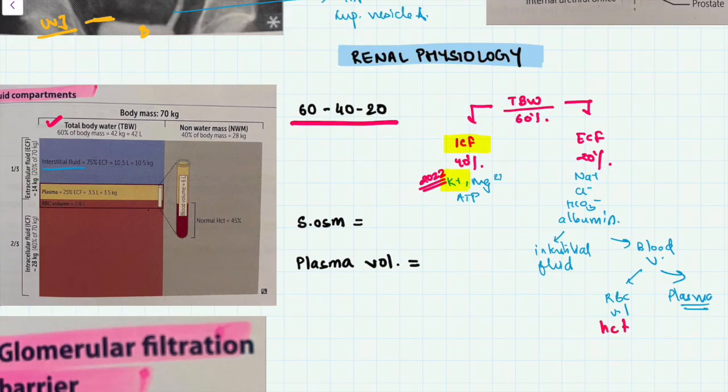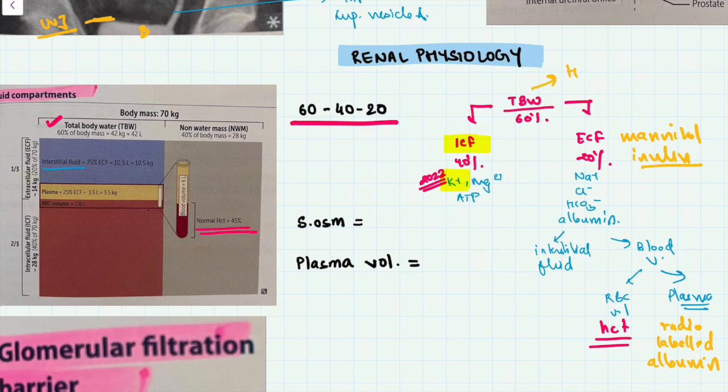The RBC volume is calculated by calculating the hematocrit, right? And the normal hematocrit is 45%. For measurement of plasma volume, radio-labeled albumin is used, while for extracellular fluid, mannitol and inulin are used to measure its volume, right?